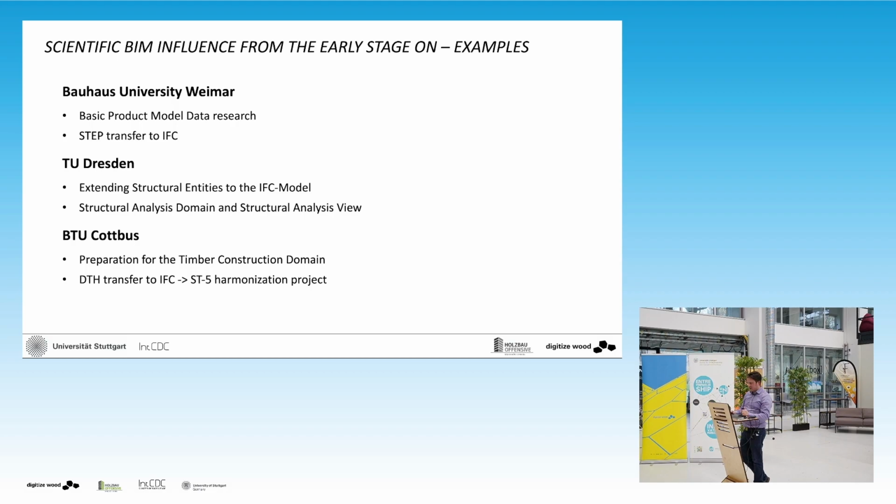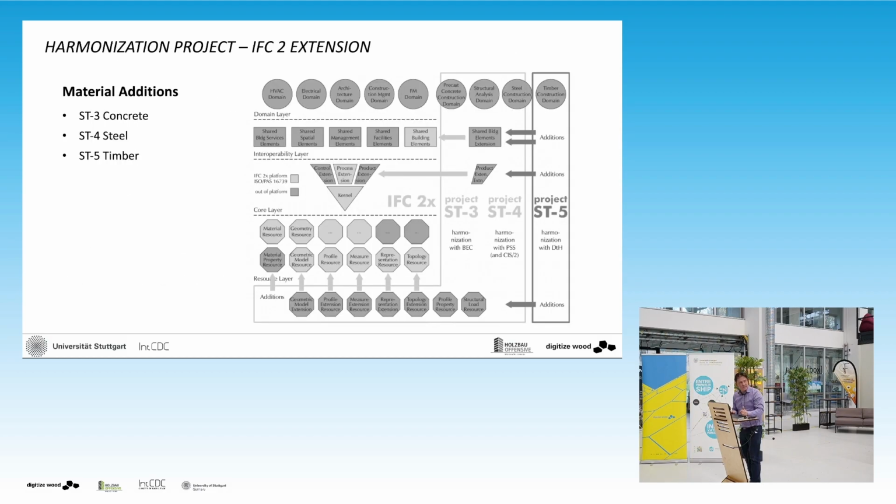And here you have a more detailed view on this. There was also a plan in between to have a single timber construction domain. Nowadays that was skipped somehow, but now it's all mixed into the whole IFC model somewhere.